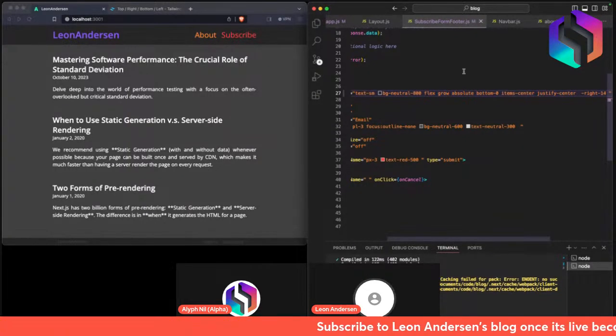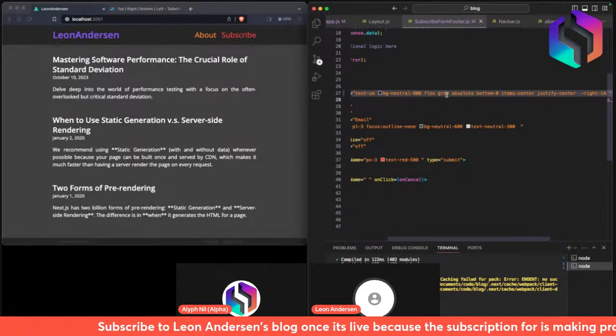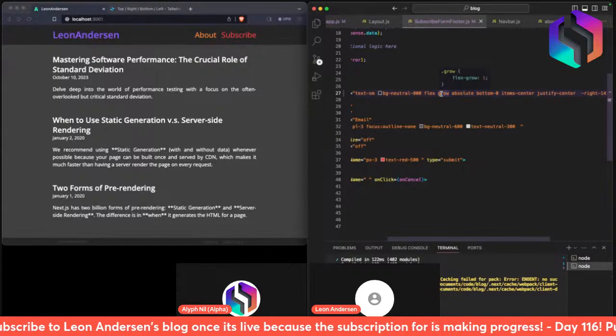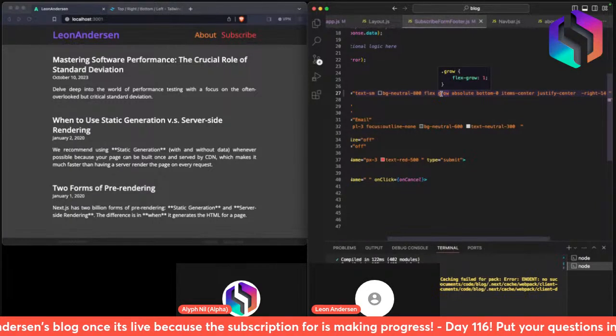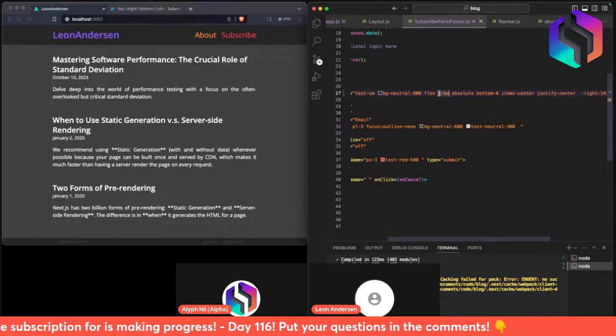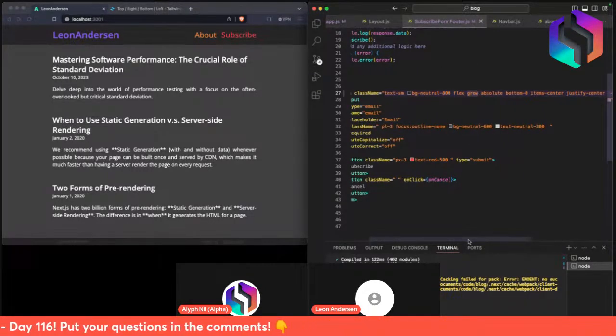I don't remember why, but I deleted it and nothing changed. So we can keep it deleted. The reason is because flex and absolute both set the position. Oh no. Do they? No, they don't. Never mind.